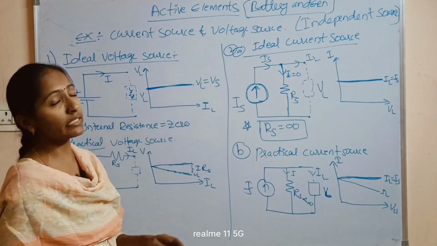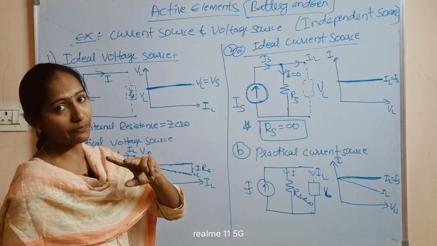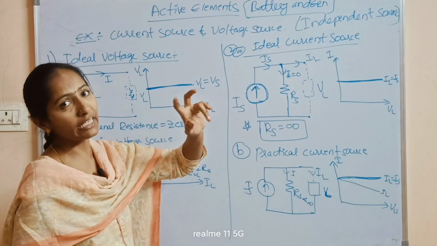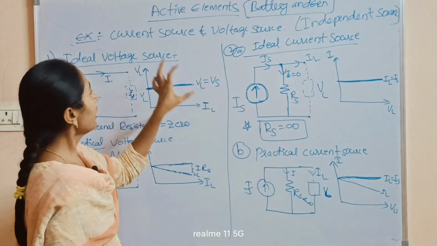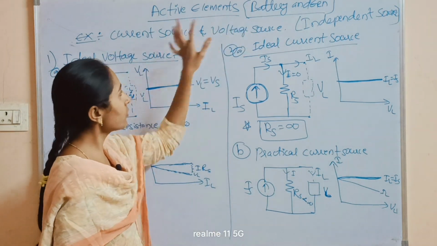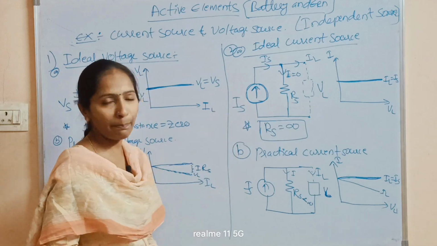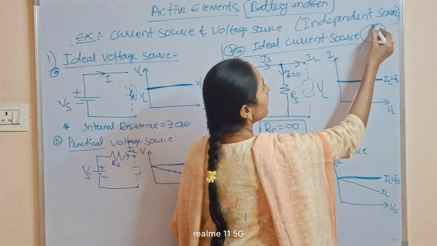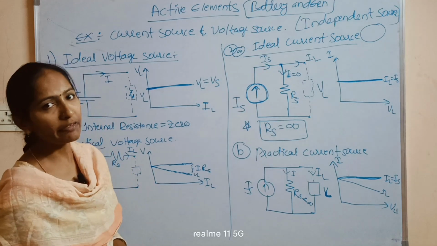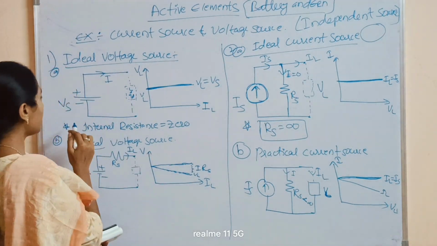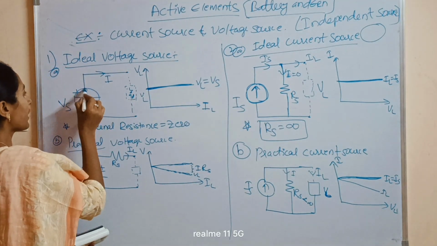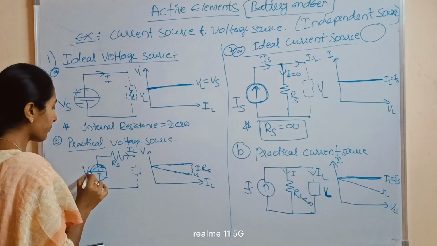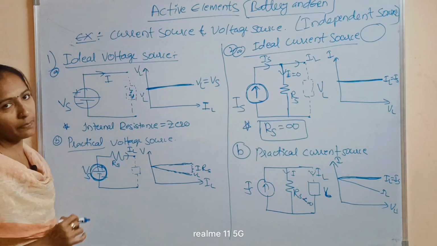So sources are represented with two classifications: independent and dependent. The current source and voltage source come under independent sources. These independent sources are represented with a circle shape.